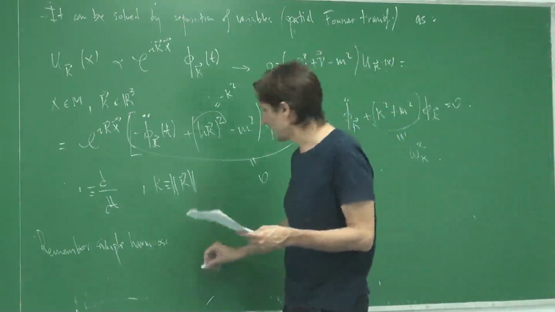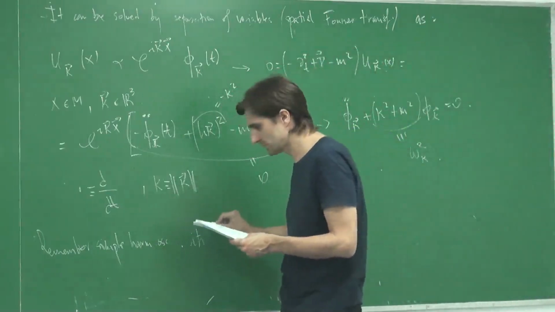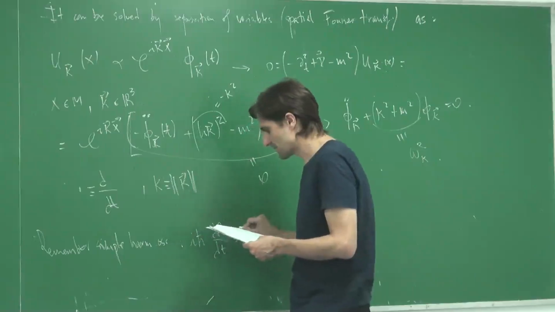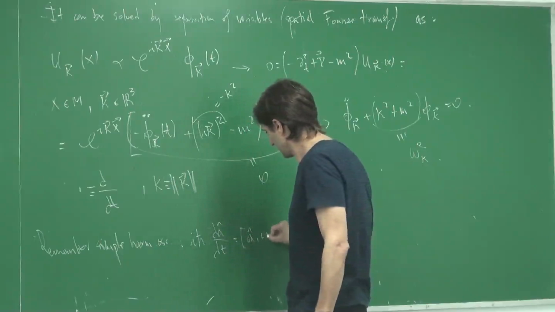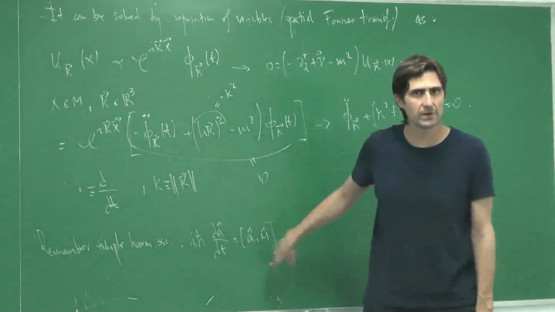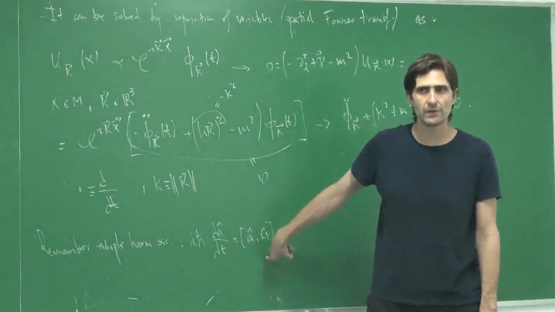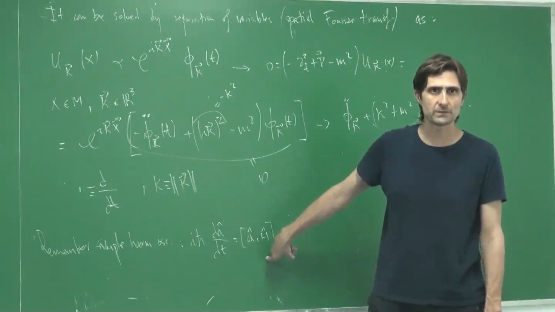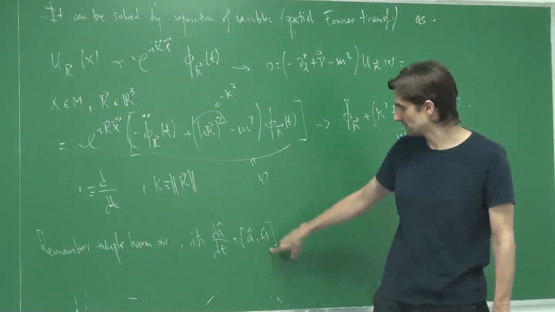So we did it for A, that was i h bar dA/dt. These are the Heisenberg equations of motion for the operator, which is defined in terms of Q and P, position and momentum. This was in quantum mechanics.